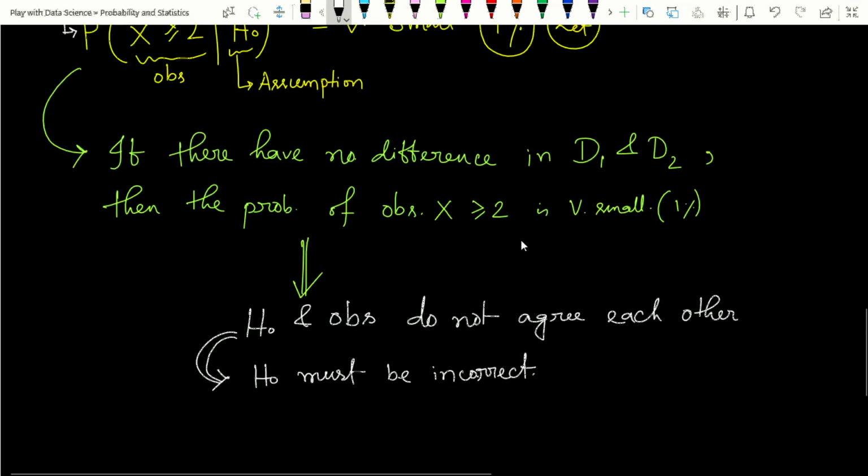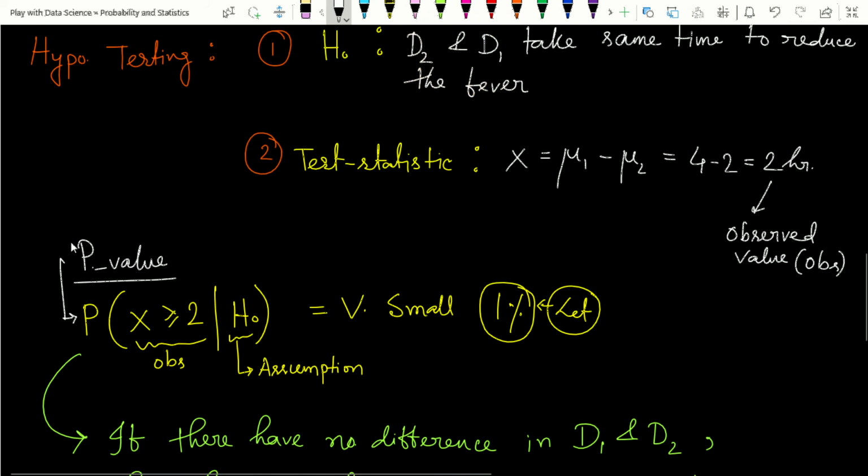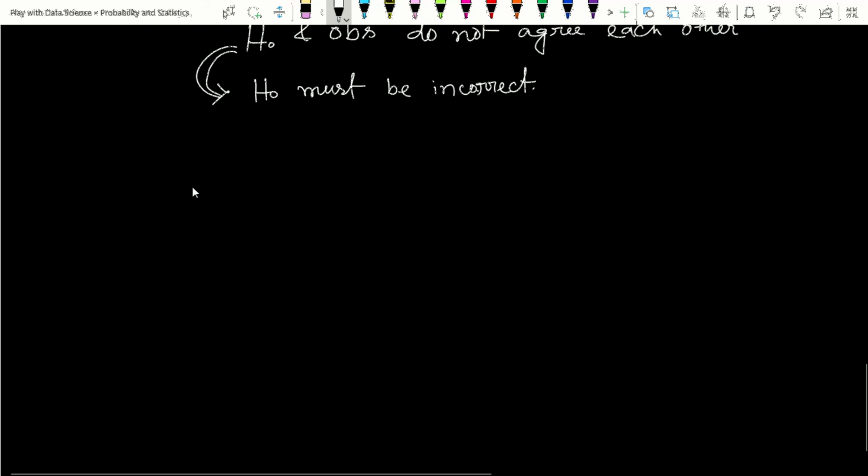Now, the second stage was the test statistic, where somehow we have to find this p-value. That's the technique we have. Now, in the third step, we consider the significance level.